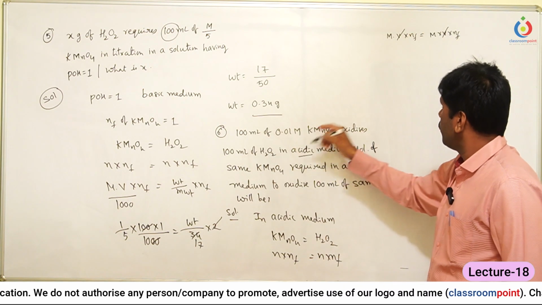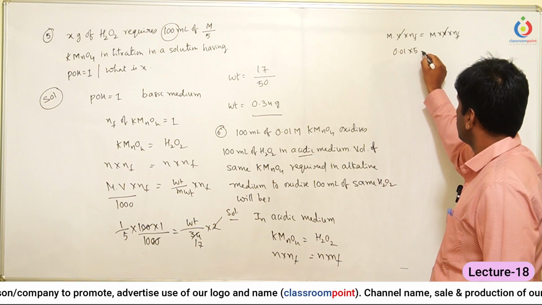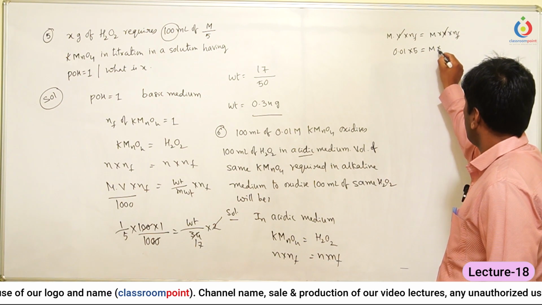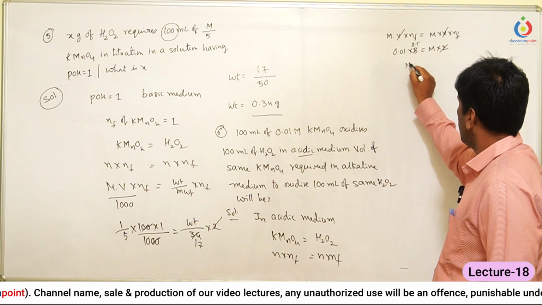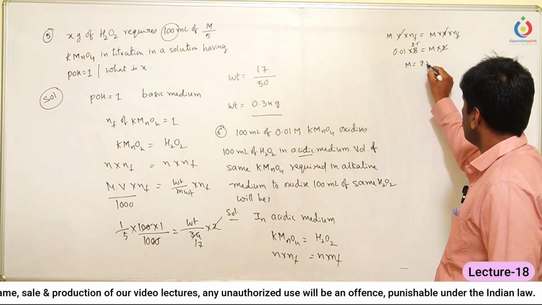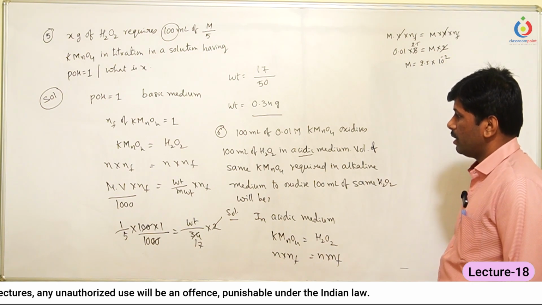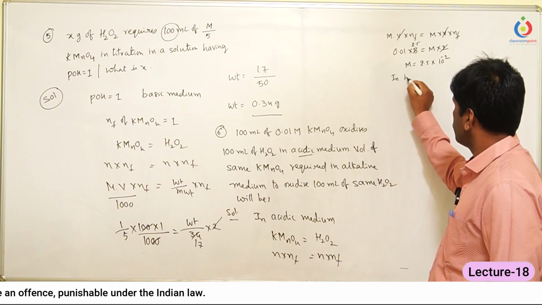The molarity of the KMnO4 is given as 0.01, its N factor is 5. The molarity of the H2O2 is to be calculated, into N factor equals 2. So here it is 2.5. Molarity equals 2.5 into 10 power minus 2 of H2O2.